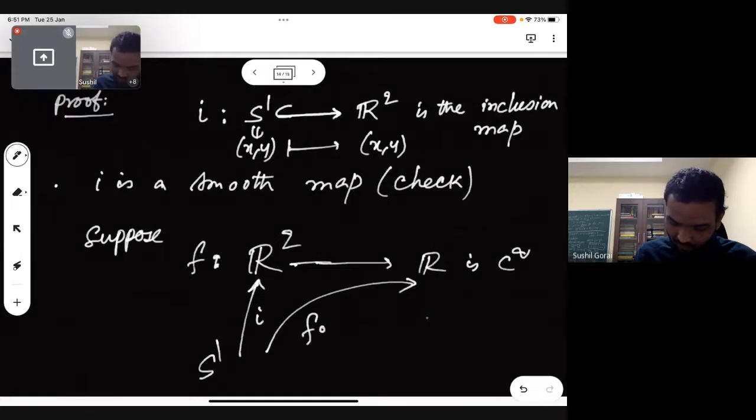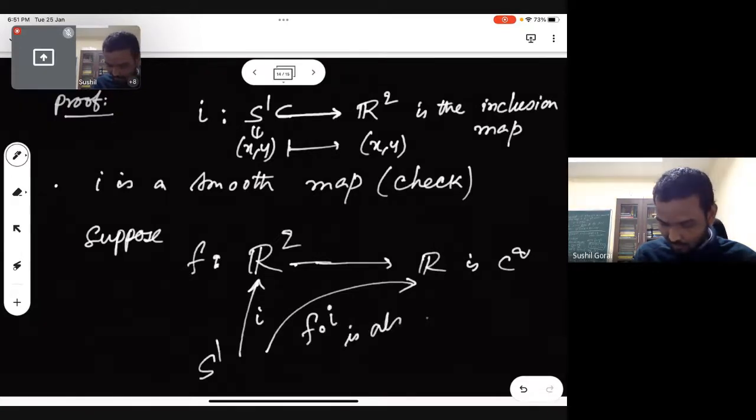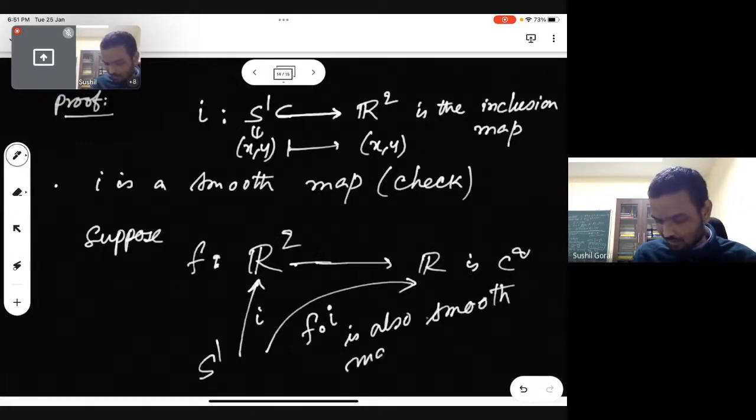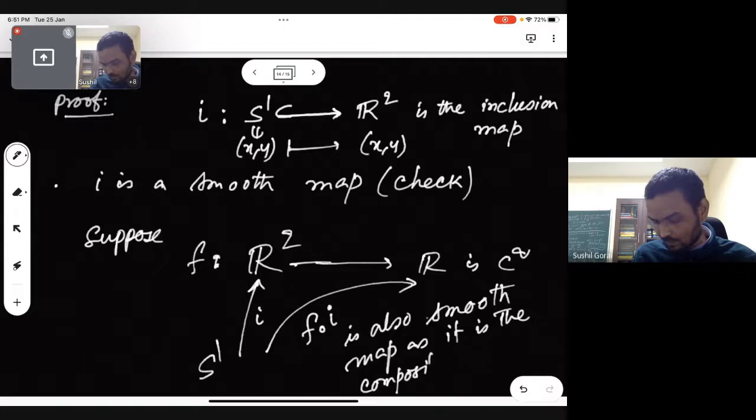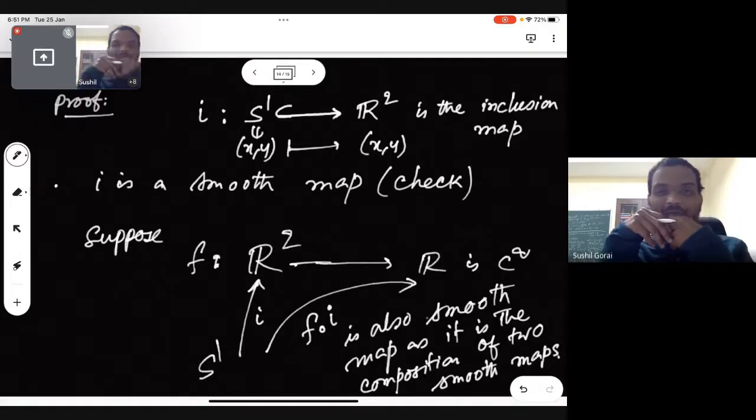If you compose f with I, this is also a smooth map, as it is the composition of two smooth maps. All right. Any question?